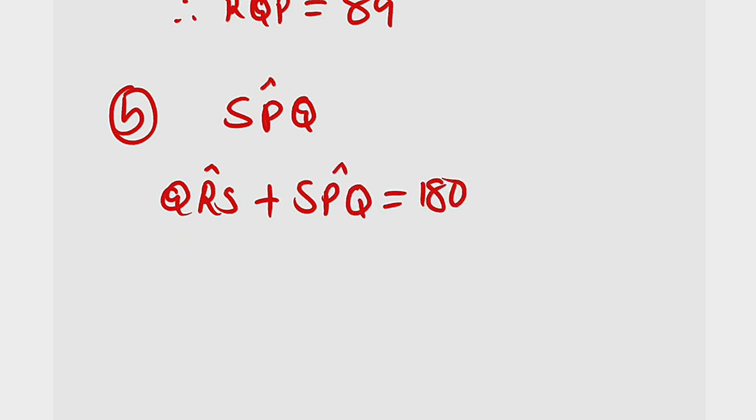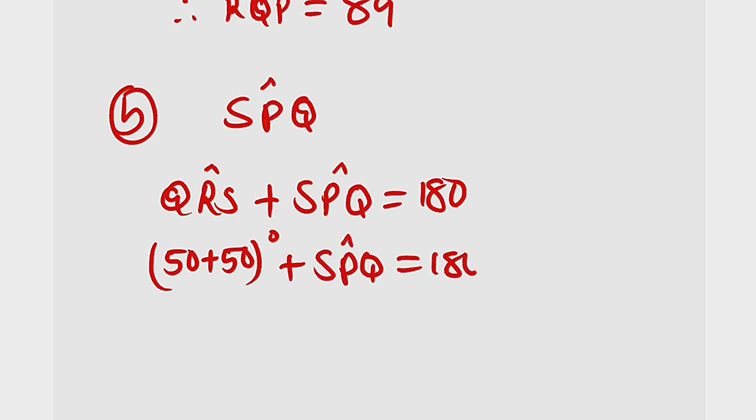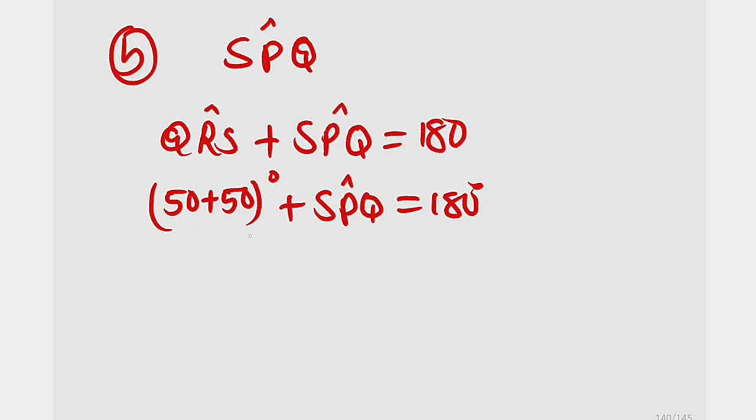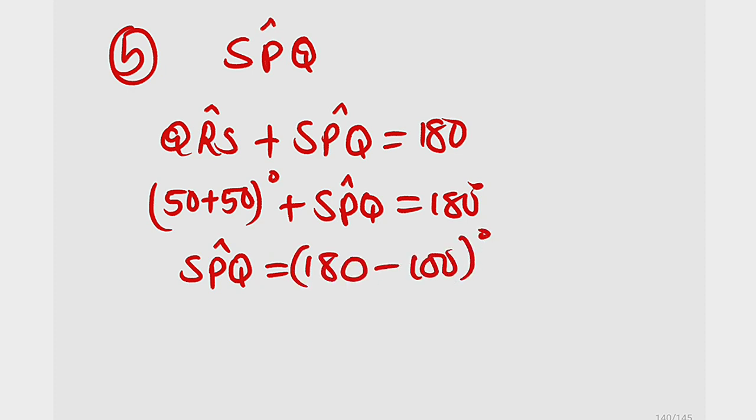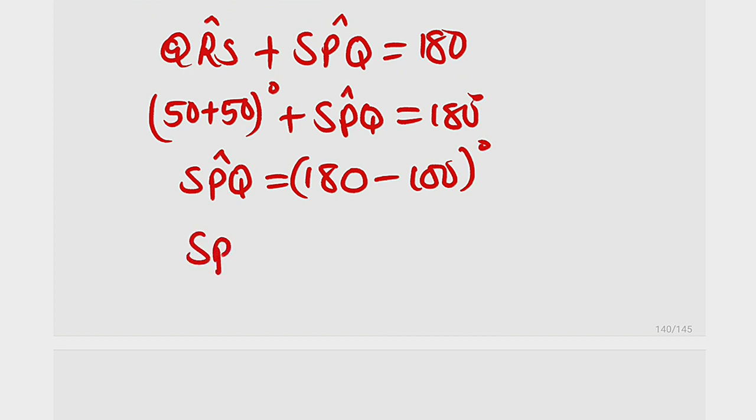But already we have seen that this is 50 plus 50. Then plus the unknown angle, this is 180. You take this to the other side, leaving SPQ equal to 180 minus 100, which is 80. Therefore, SPQ is equal to 80 degrees.